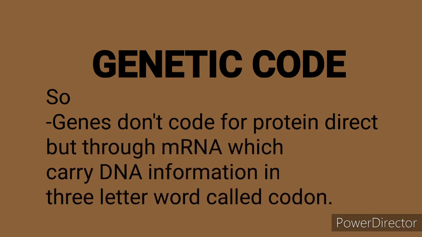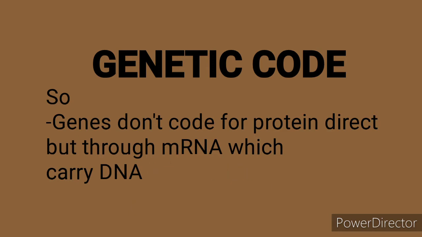What happens is that the messenger RNA carries the information from the DNA in a three-lettered word that is called a codon. The codon consists of three nucleotide base pairs, called a triplet codon. Each codon codes for one amino acid.